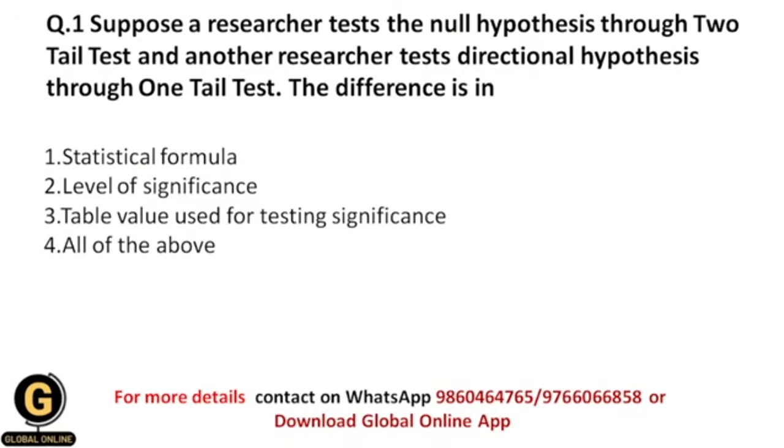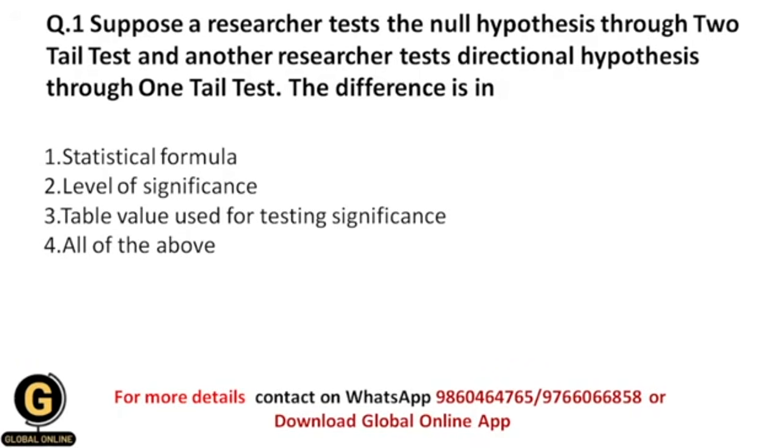A researcher tests the null hypothesis through a two-tailed test, and another researcher tests a directional hypothesis through a one-tailed test. The difference is in... So basically in this question they have asked us what exactly is the difference between a two-tailed test and a one-tailed test in regard to the testing of the null hypothesis and the directional hypothesis respectively.